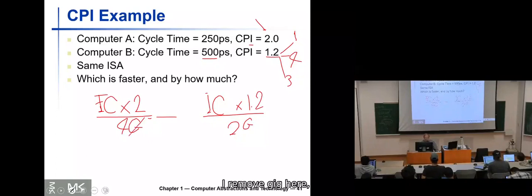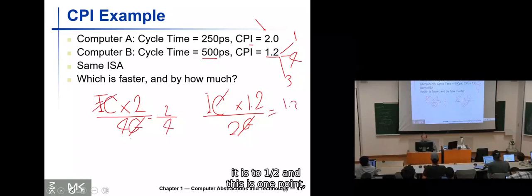So I remove gig and IC here. It is 2 over 4, which is 1 over 2, and this is 1.2 over 2. Which one is more?